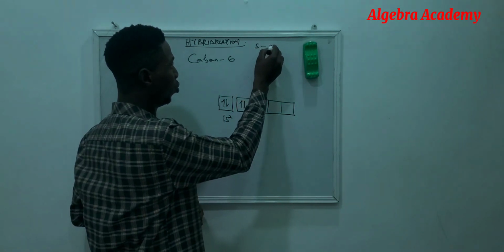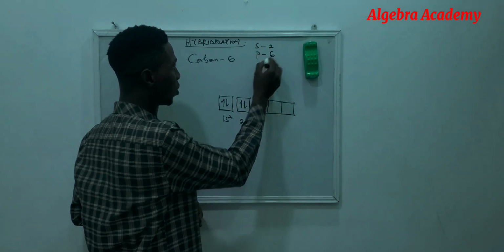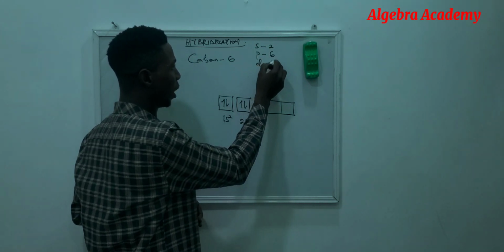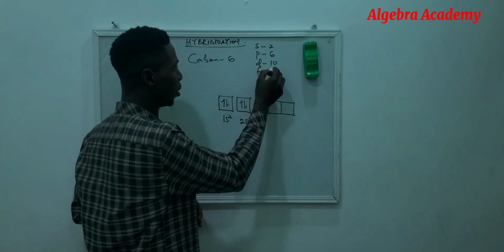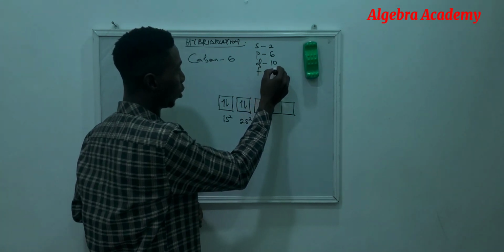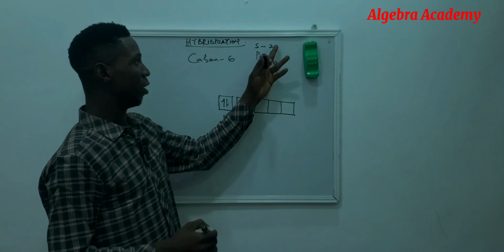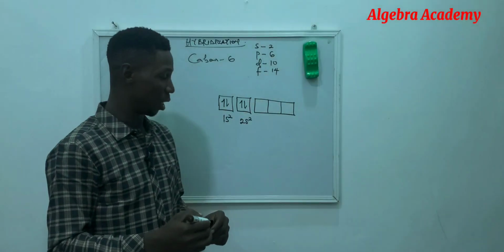S can accommodate 2, p accommodates 6, d orbital accommodates 10, while f orbital accommodates 14.